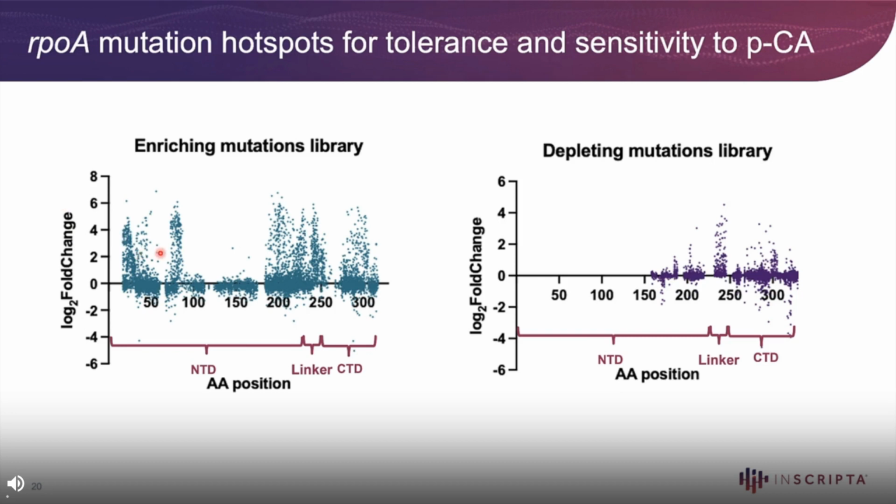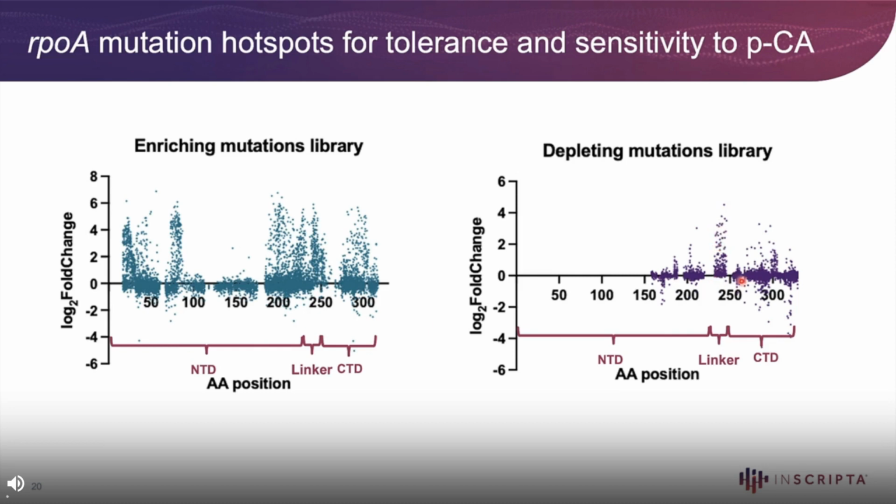And similar as before, we definitely see these pockets here in the N-terminal domain, which are enriching in the enriching mutations library. And then there's also this pocket here that we saw before, which is enriching in the C-terminal domain. And then in both libraries, we also saw enrichment within the linker section.